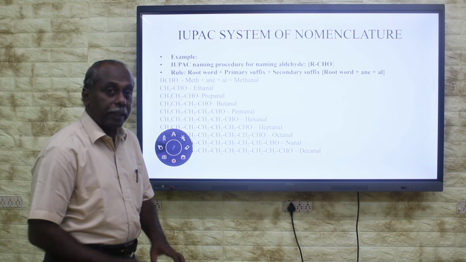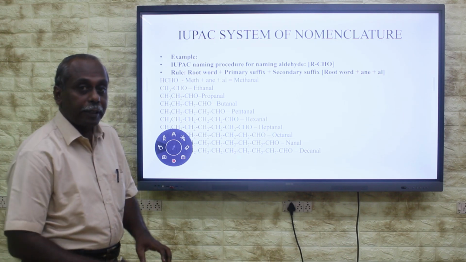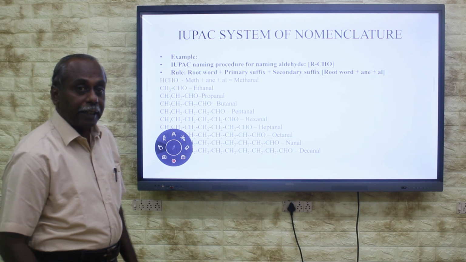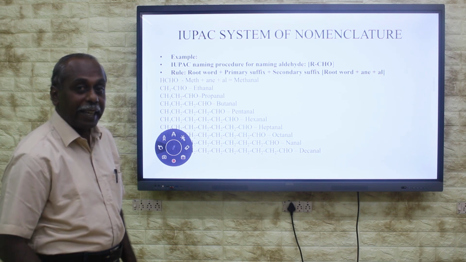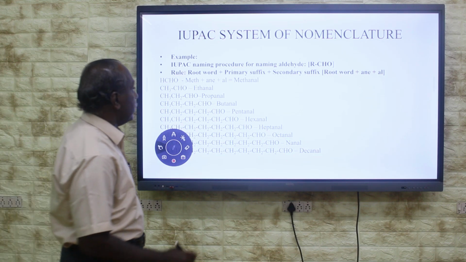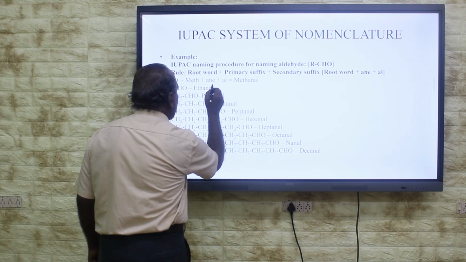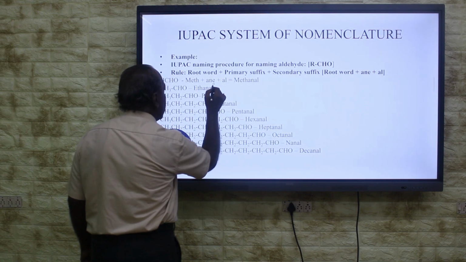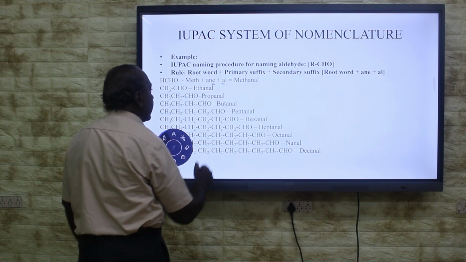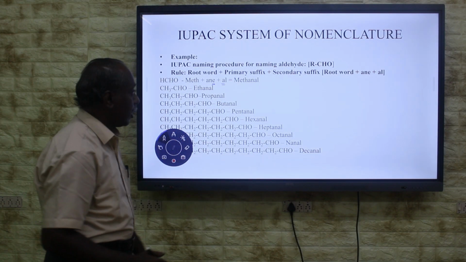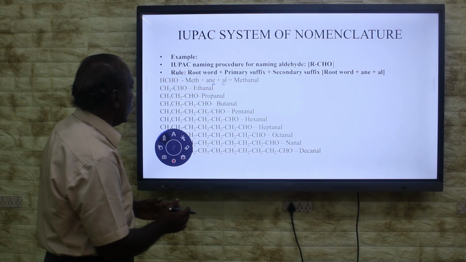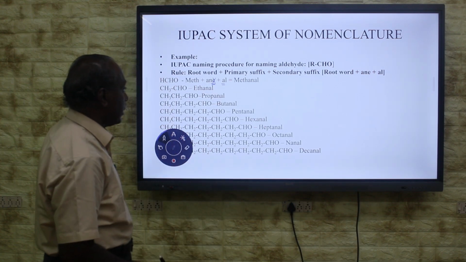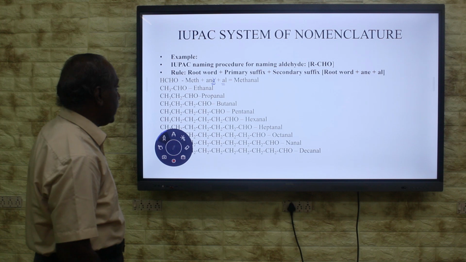Here there is 1 carbon, no double bond, no triple bond, therefore it is a saturated compound. The primary suffix ANE is added, then the secondary suffix aldehyde is indicated by AL. When you combine these two, primary suffix and secondary suffix, the secondary suffix starts with a vowel, so the end E of the primary suffix is removed: methanal.